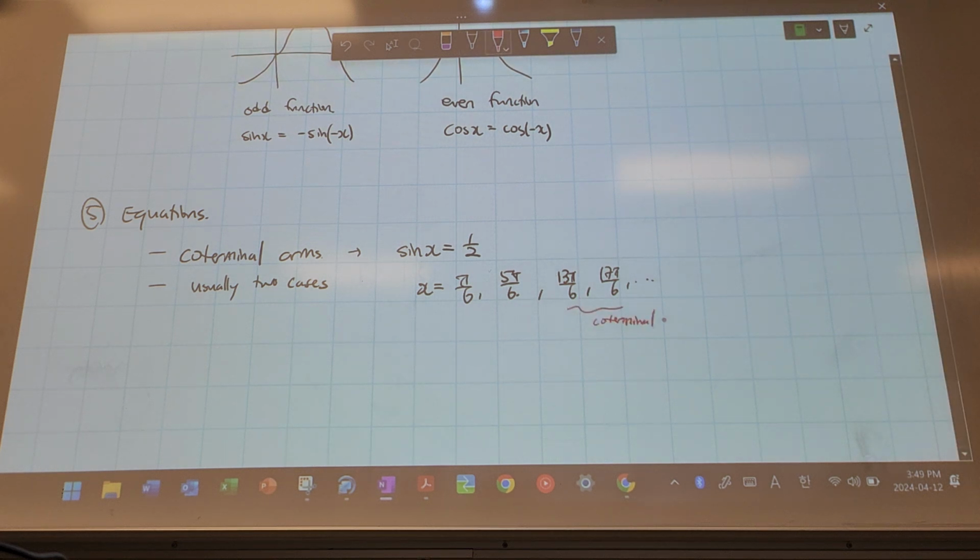You don't have to know the name, but we have to understand that there are multiple, infinite answers, usually. I remember having questions where we had to assign k times 2 pi or something. That's the imaginary number part. Isn't there a general form? Yeah, a general form.